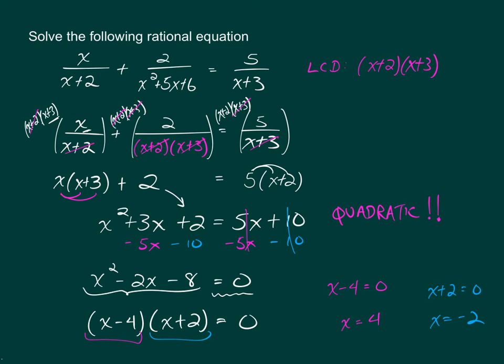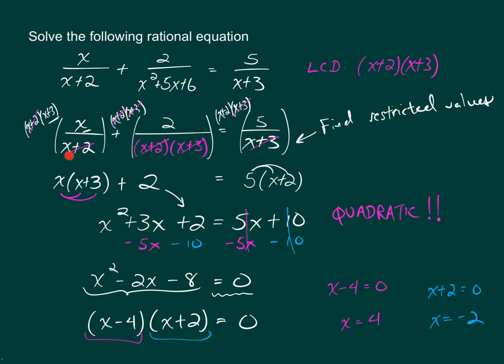So way back at the very beginning, I forgot to check the restricted values, or the values that x is not allowed to be. And generally you want to do that after you factor the denominators. So here, what I forgot to do was find the restricted values. So those values that make a denominator equal to 0.